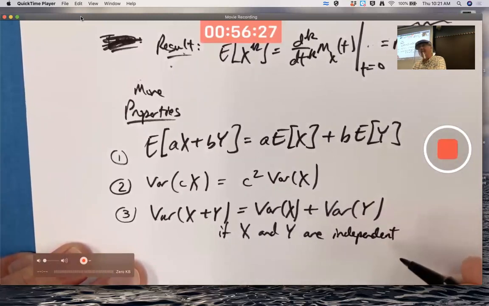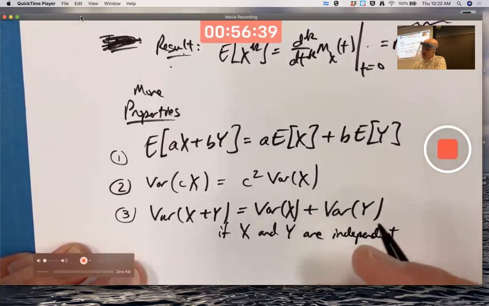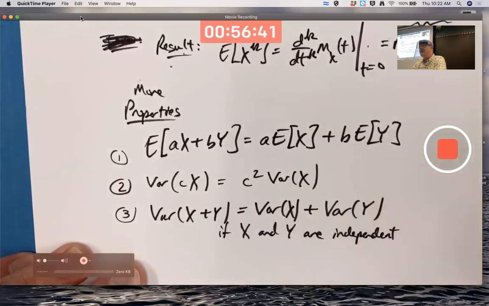How can they be independent? Well, in chapters 3 and 4, we take an intuitive approach. We just say they're unrelated. Knowing the value of one doesn't tell you anything about the value of the other. The definition of independent random variables comes in chapter 5, the multivariable chapter, which we're not doing today.